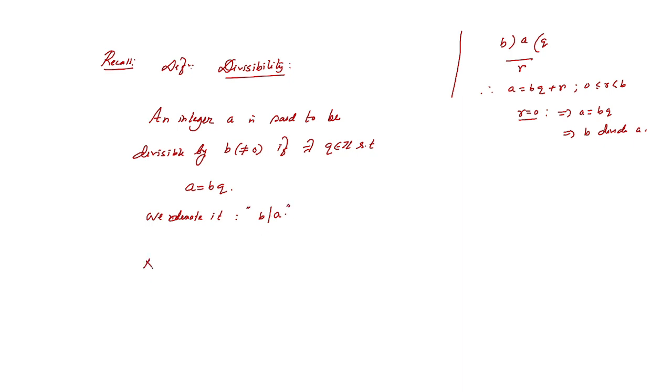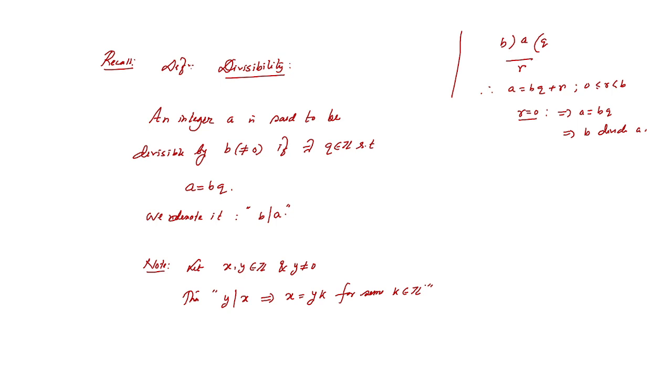Here is a note: let x and y both be integers with y not equal to 0. Then y divides x implies x = yk for some k belonging to Z. This note is very important.